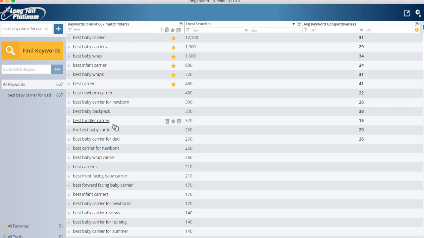And on top of that, depending on how you format your page, which we'll go into in a later video, hopefully on this page, if you're talking about best toddler carriers, you have your introduction, a summary to best toddler carriers, why you're looking for one, trying to get into the consumer's mindset, and then you go on to talking about a buyer's guide. So you just discuss the pros and cons, the features that you should be looking for, maybe sizes or price ranges or brands, and then you say, these are my top recommendations.